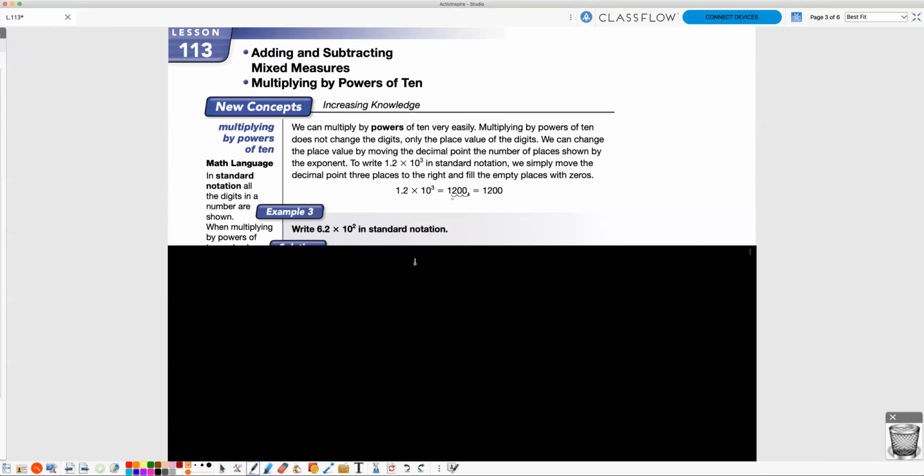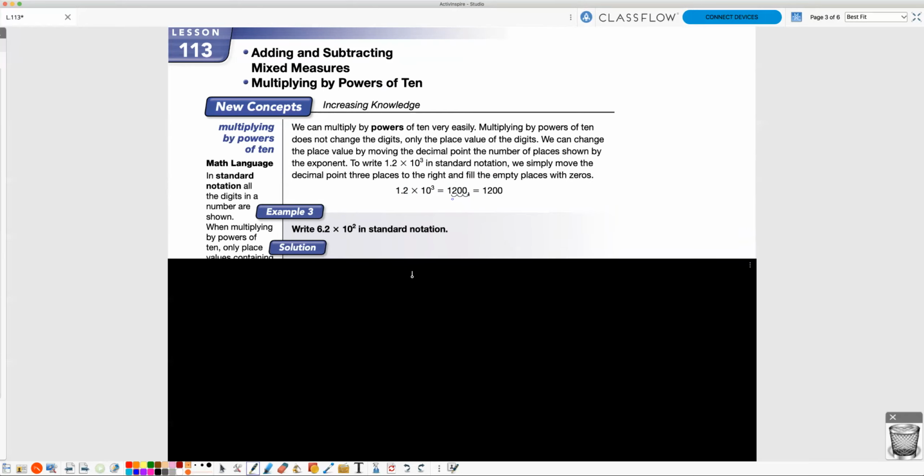So for example, write 6 2/10 times 10 to the second power in standard notation. That's simply taking 6 2/10 times 100, because it has 2 zeros after it, and you would move the decimal place.